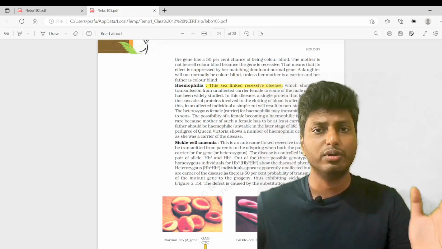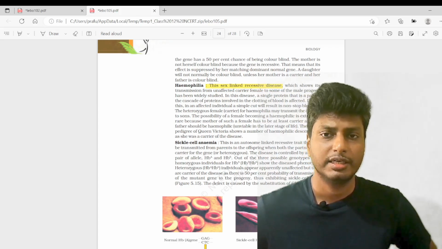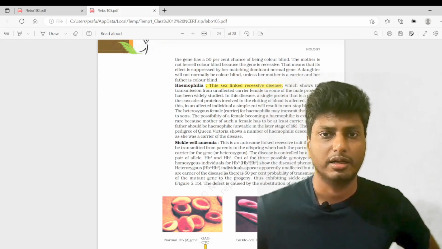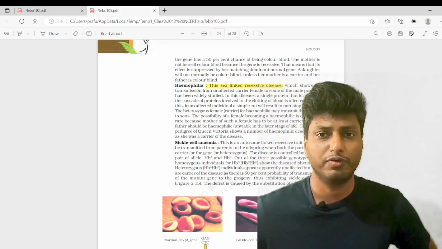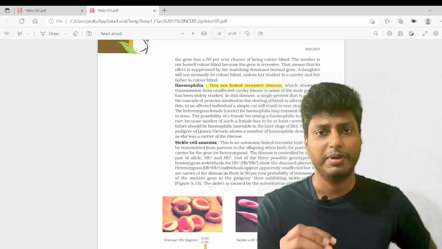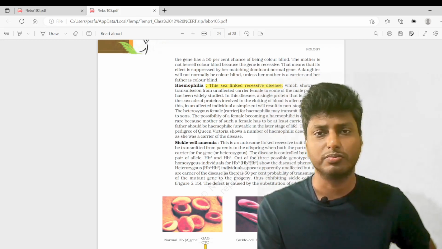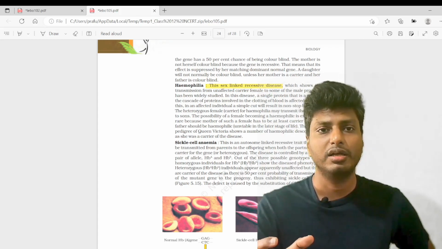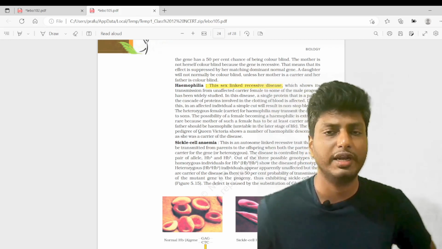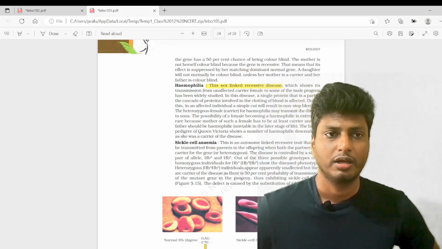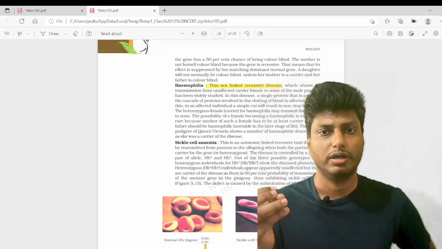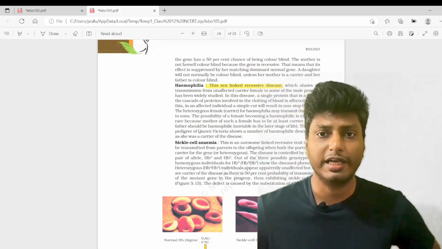But if you talk about the male, guys, if the X chromosome of the male has the recessive gene for hemophilia, the male does not have an extra chromosome. The male cannot have a normal gene for the clotting factor because there is only one X chromosome, and the gene for clotting factor is not present on the Y chromosome.